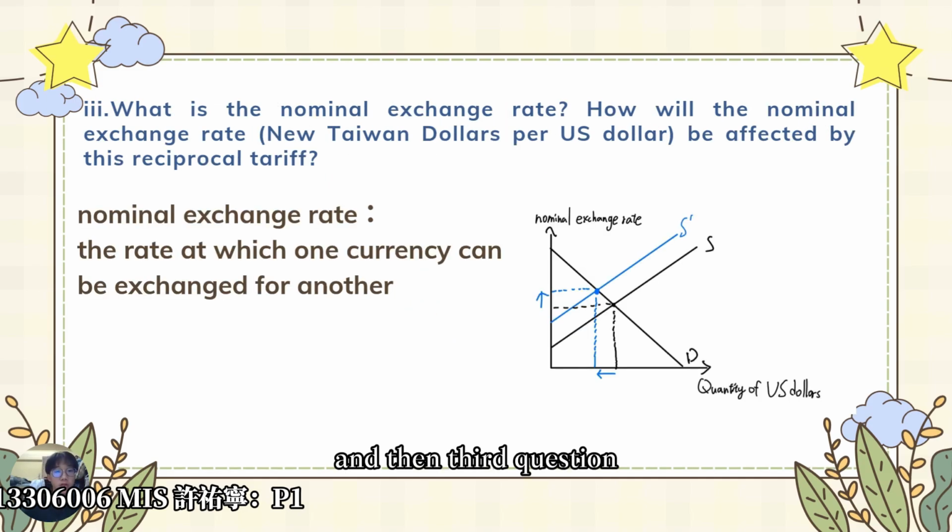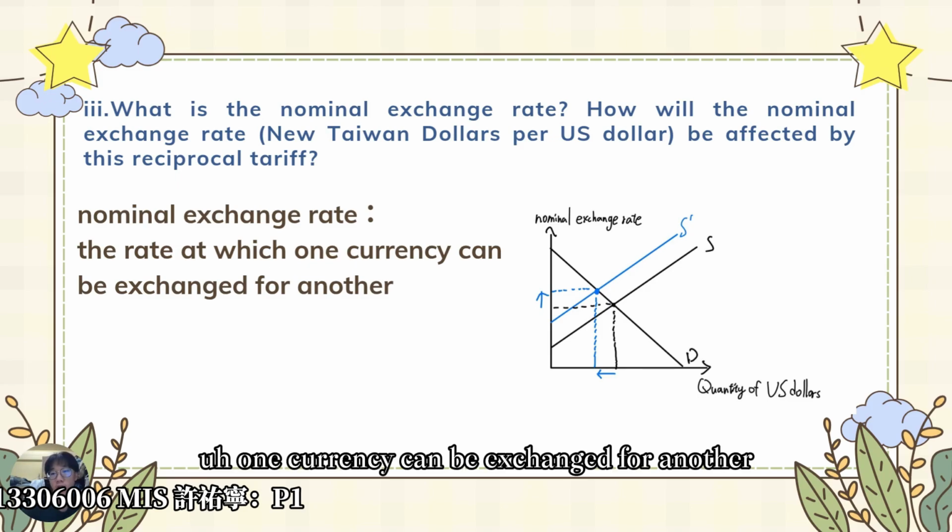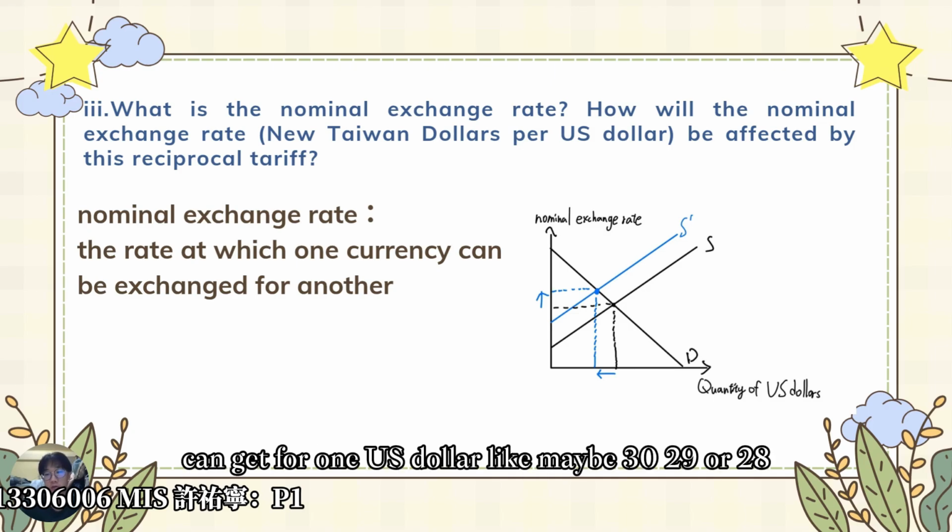And then third question, what is the nominal exchange rate and how will the nominal exchange rate be affected by the tariff? The nominal exchange rate is the rate at which one currency can be exchanged for another. For example, it shows how many New Taiwan dollars you can get for one US dollar, like maybe 30, 29, or 28.